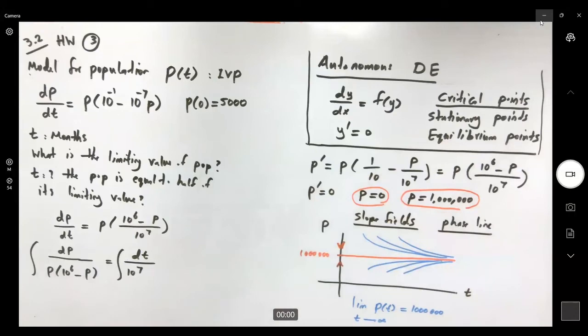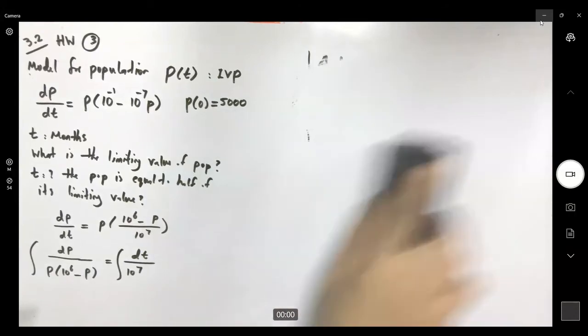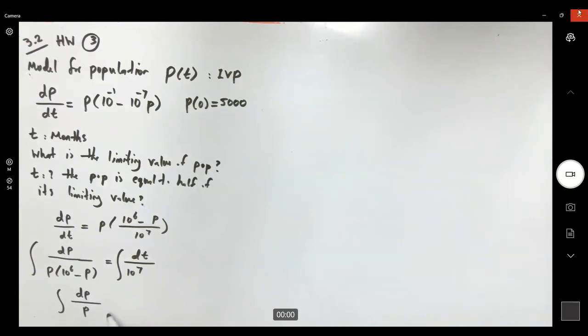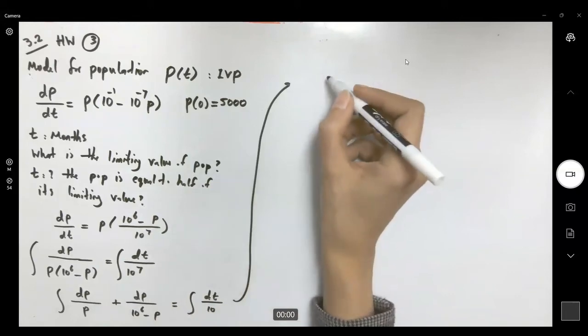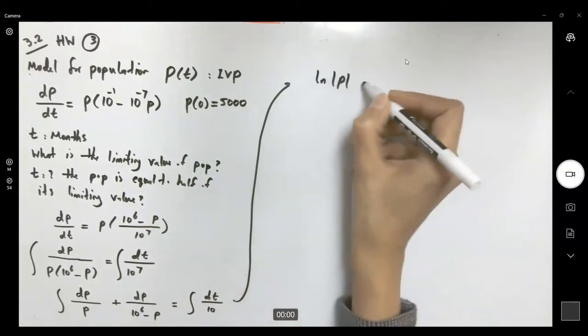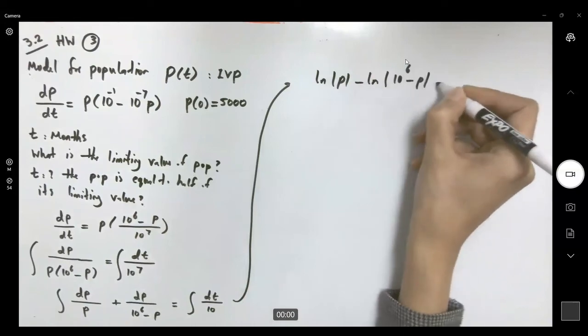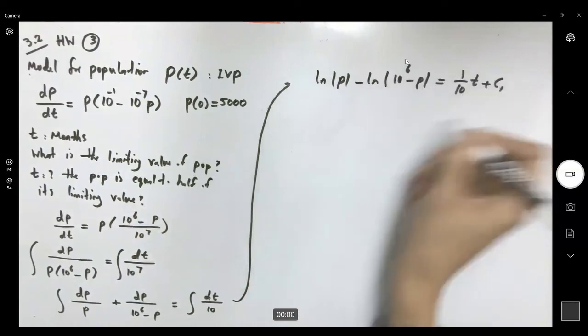Now let me erase the right-hand side of the board. This becomes the integral of dP over P plus dP over 1 million minus P equals the integral of dt over 10. So this becomes ln of the absolute value of P, minus ln of the absolute value of 1 million minus P, equals 1/10 t plus c sub 1.